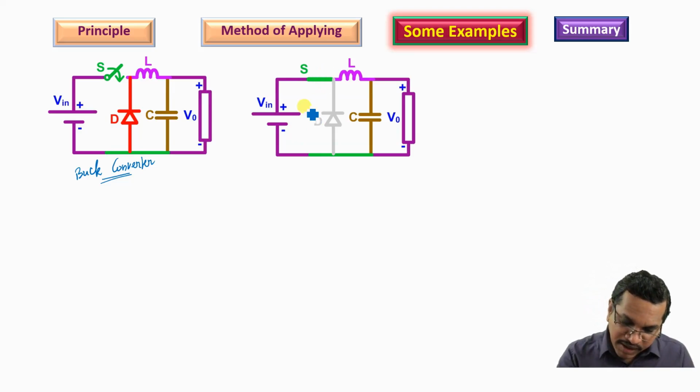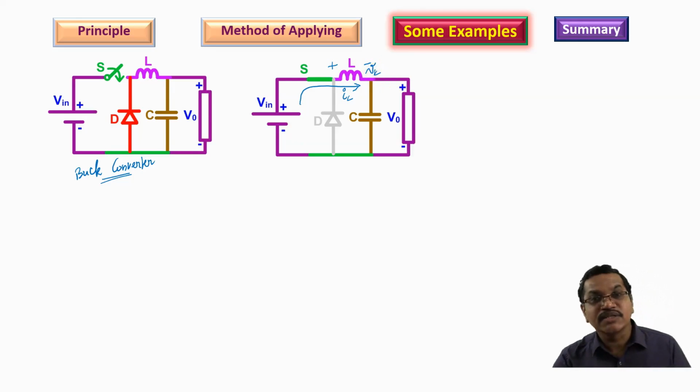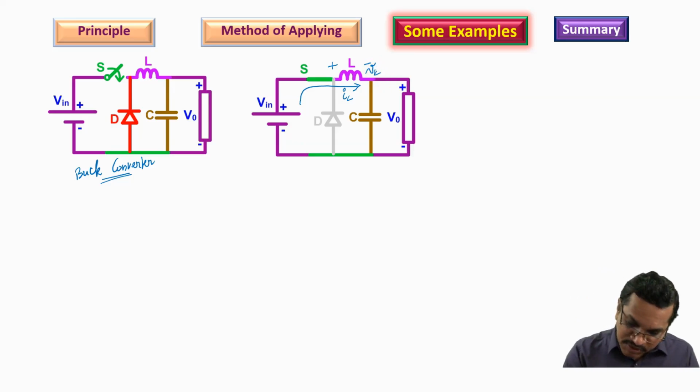Therefore, there will be current flowing through the inductor in the direction in which I have marked. So the voltage developed across the inductor is indicated like this. I have marked the polarity. I will indicate the voltage that is developed as VL. Now this equivalent circuit is going to be prevailing for the turn on interval, during T on.